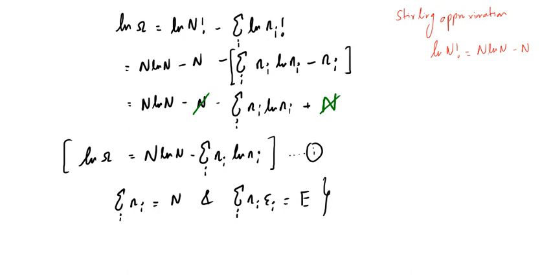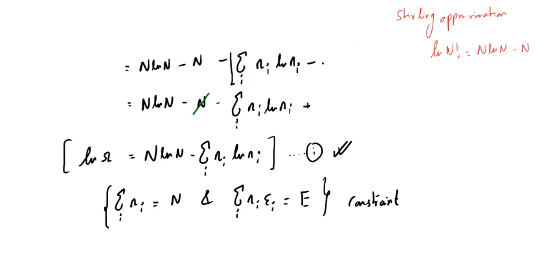Based on these two constraints, we have to maximize the function that's here. Okay, so let us move on to the Lagrange multiplier. Given a constraint, if you want to maximize a function, the only sensible way to do it is by using a Lagrange multiplier, and it's a very powerful technique. So what we basically do here is this.